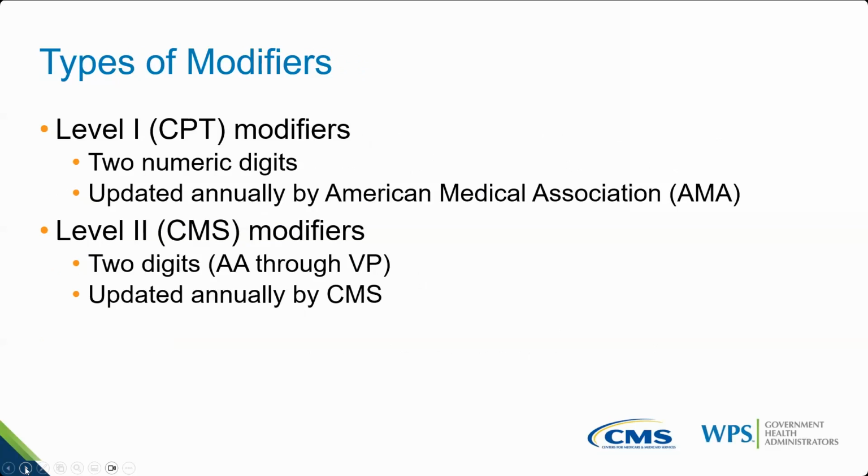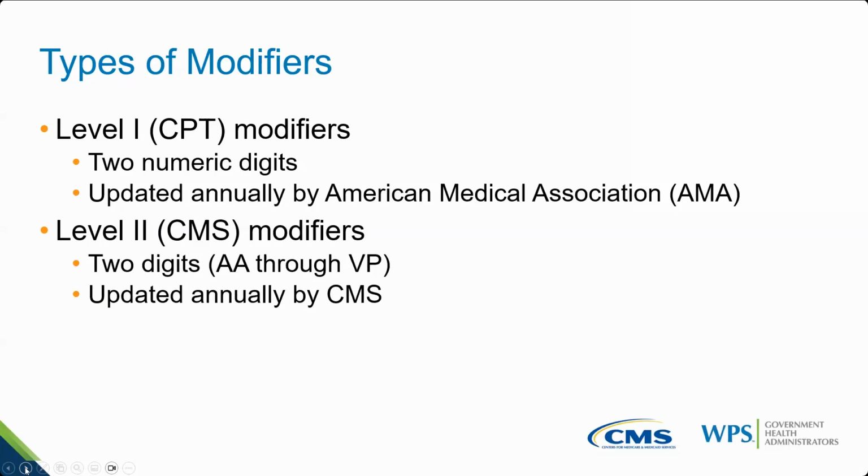There are two types of modifiers that we need to define as well. They are level 1 and level 2. Level 1, also known as CPT modifiers, are 2 numeric digits. These are updated annually by the American Medical Association, the AMA.